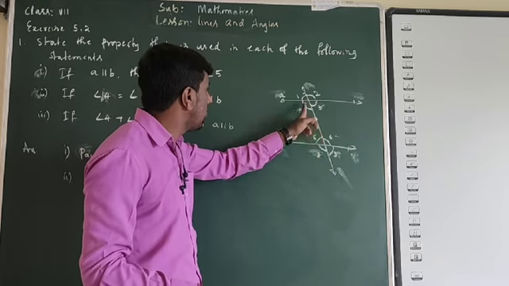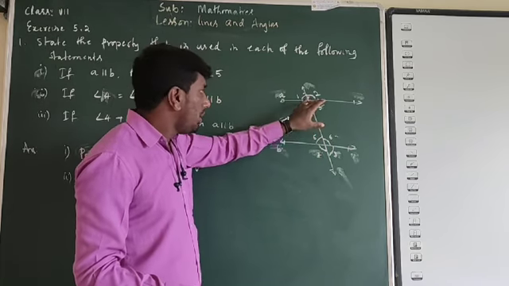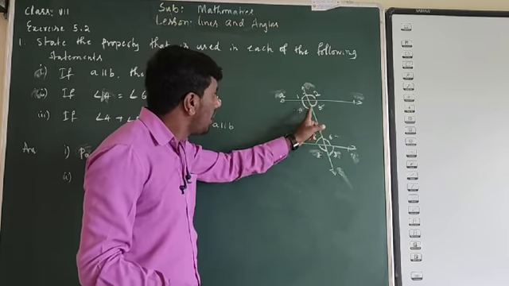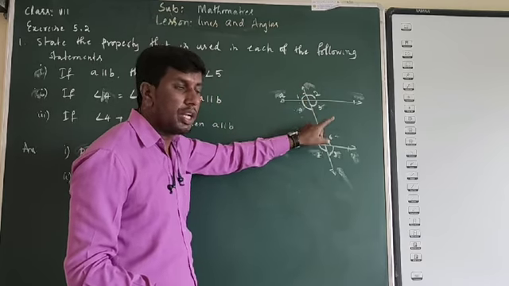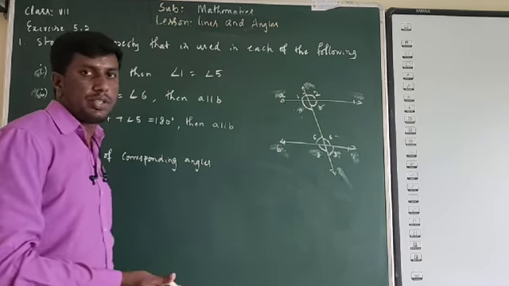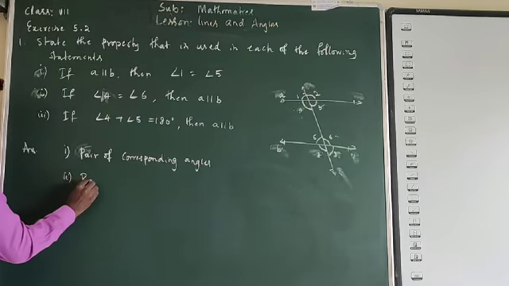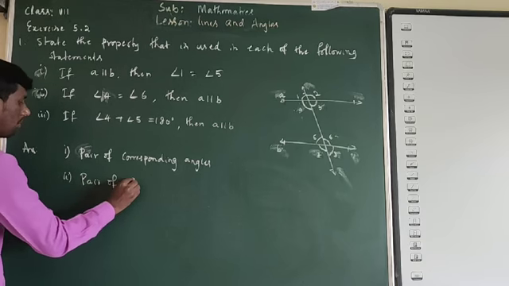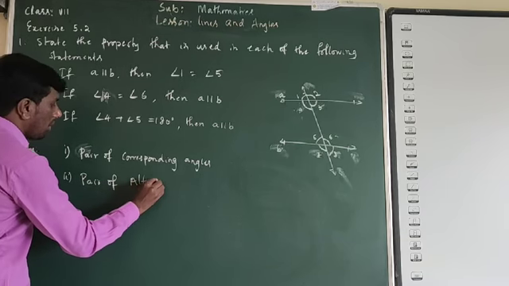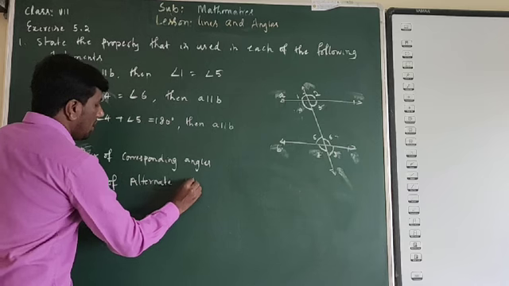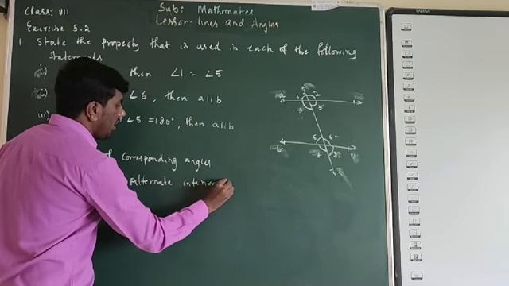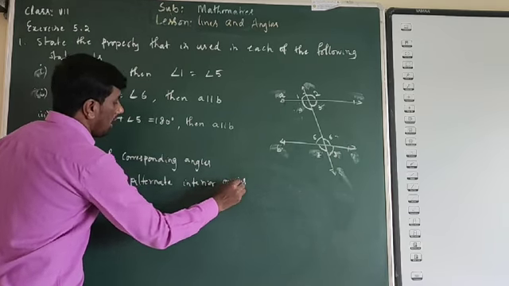What type of angles are angle 4 and angle 6? Interior angles, alternately, so alternate interior angles. That is pair of alternate interior angles.